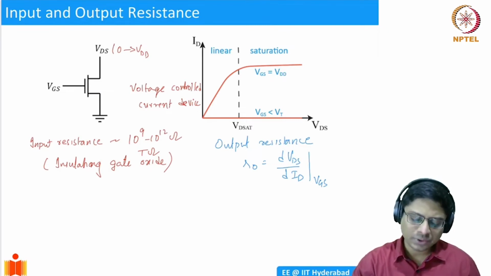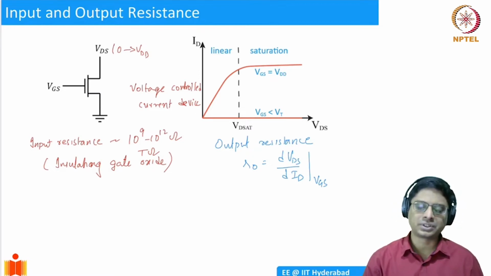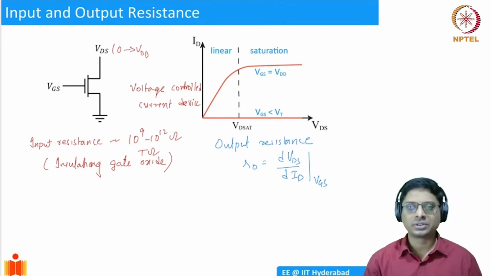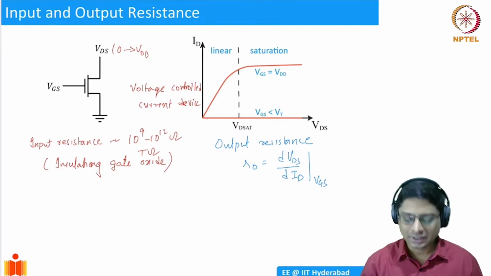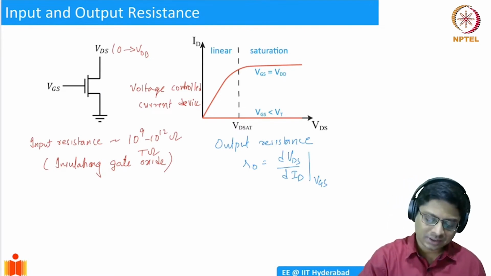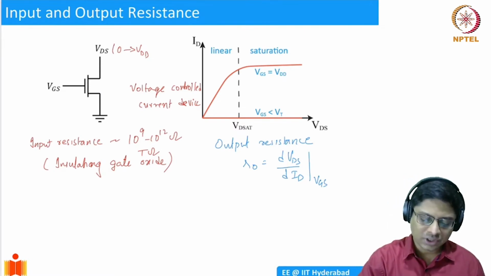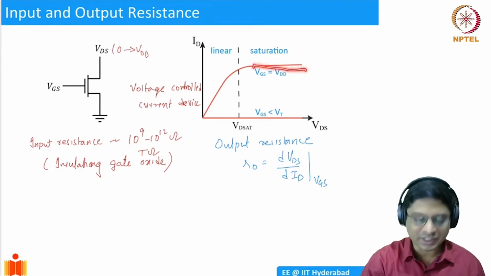So if you are in the linear regime, of course, if your gate voltage was low and the drain voltage was low, then there's a constant resistance. But usually the MOSFETs are biased in saturation. In that case, you see that the ID is not changing very much for some change in VDS.